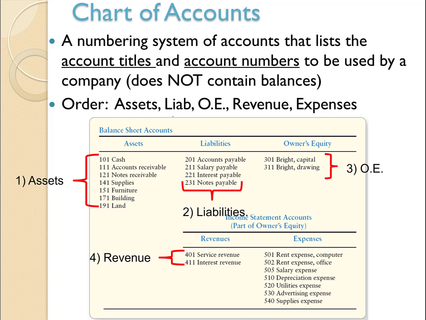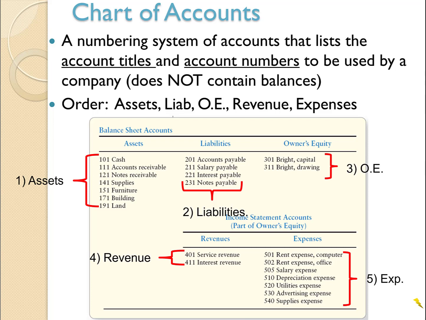Thousands. And notice this company has 2 revenue accounts: service revenue and then interest revenue. So interest revenue would be like if you have a savings account or a checking account that earns interest, any interest that you earn is considered interest revenue. And finally, expenses fall into the 500s. And the expenses can be listed in any order.